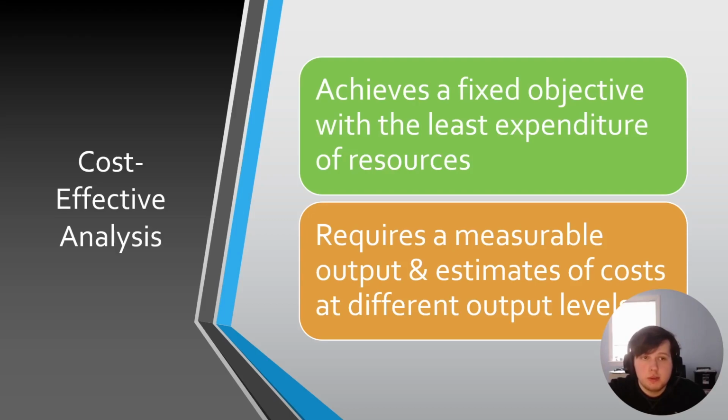For example, if you found a method that will reduce your risk by half, that sounds great, but it could cost double your budget and not be feasible to execute. This analysis requires a measurable output and estimates of costs at different output levels. When these parts of risk management options are properly quantified, decisions are easier to make.